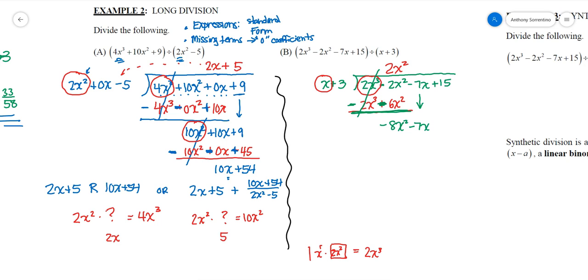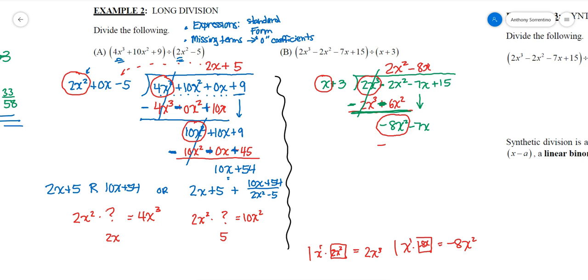And now I focus my attention on this new first term. And so I have now x times what would give me a minus 8x squared. Stands to reason negative 8 should be part of that. To have x to the first become an x squared, it had to be multiplied by x. So I had to multiply this x outside by a minus 8x, sorry.